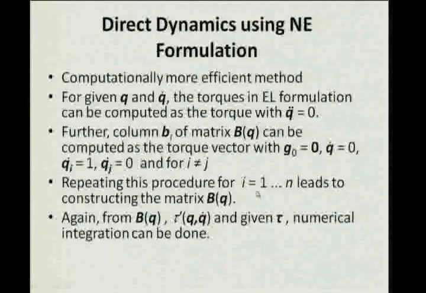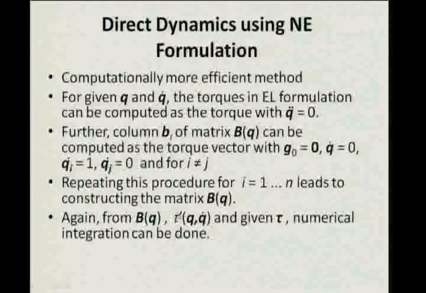If you repeat this from 1 to n, you can reconstruct the matrix Bq which you got from the Euler-Lagrange formulation. So, if you have that, you can form Bq and tau prime of q, q dot, and then given tau you can again do the numerical integration using the same method.